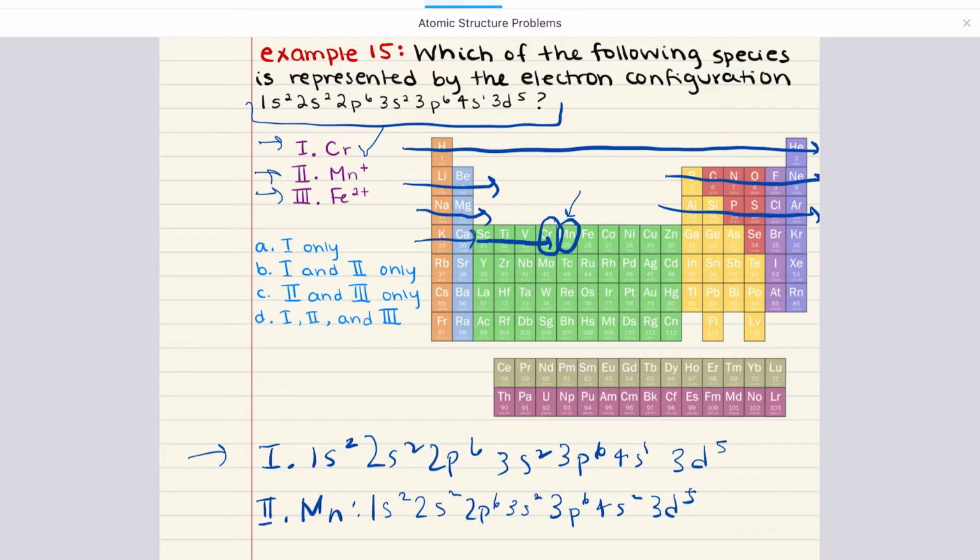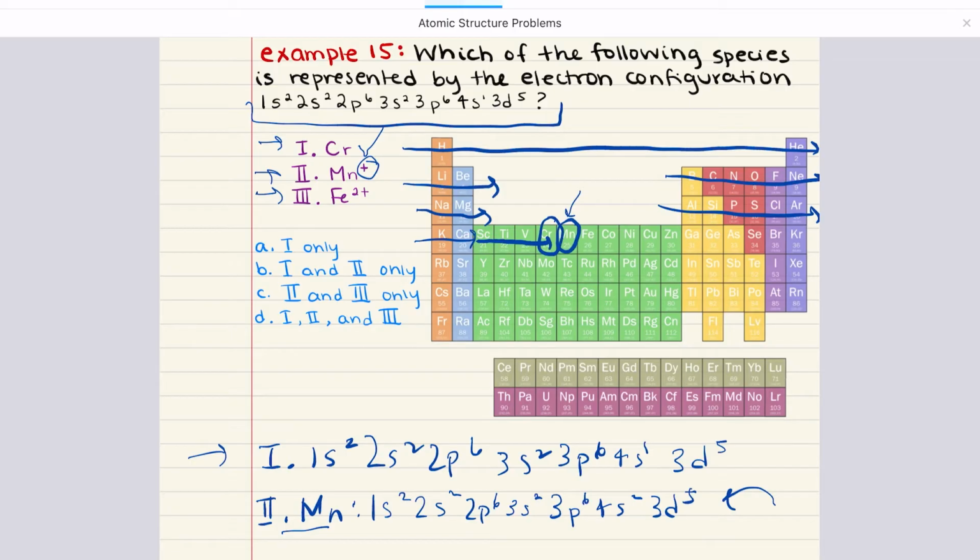But now, this is a manganese cation. We just wrote the electron configuration for neutral manganese. It loses one electron to form this manganese cation. Where is it going to lose that electron? It's going to lose that electron from the 4s subshell according to the rule that the first electron removed comes from the highest energy shell.